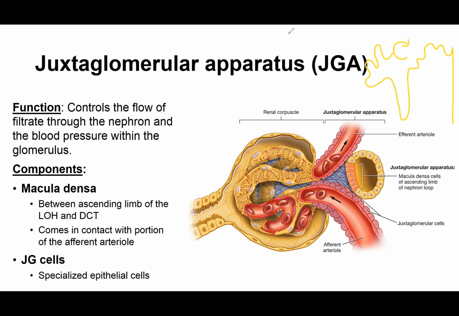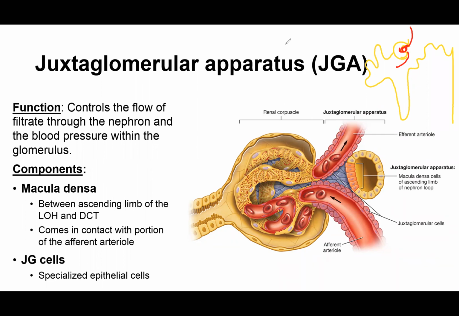All right. And here is our glomerulus up in here. Afferent arteriole, efferent arteriole. Okay, so these macula densa cells, they're kind of located in this section, sort of sitting right here. All right, and essentially these macula densa cells, they also come in contact with part of the afferent arteriole.